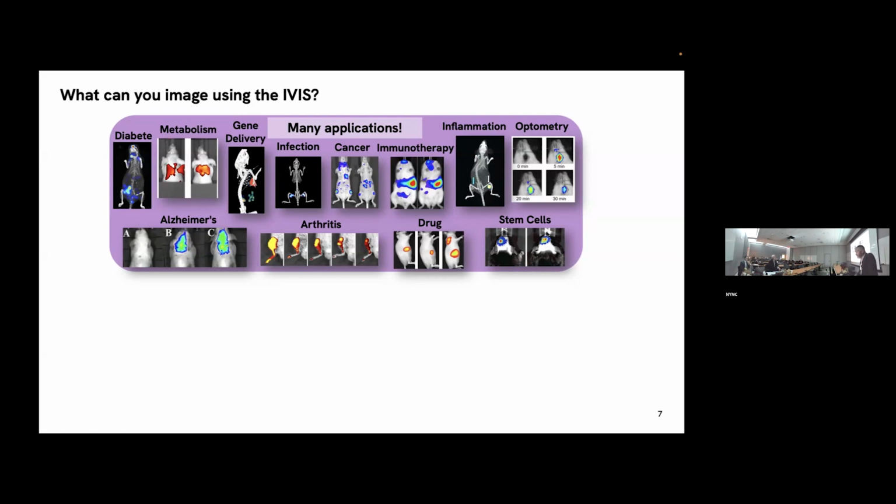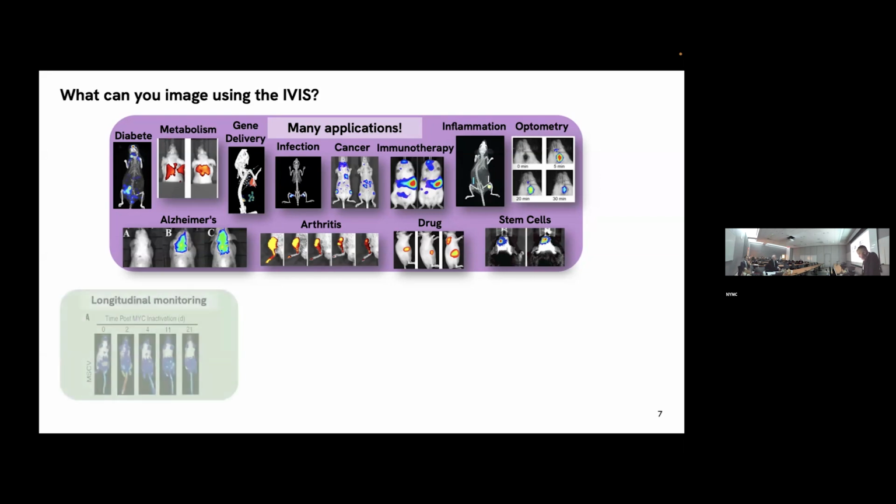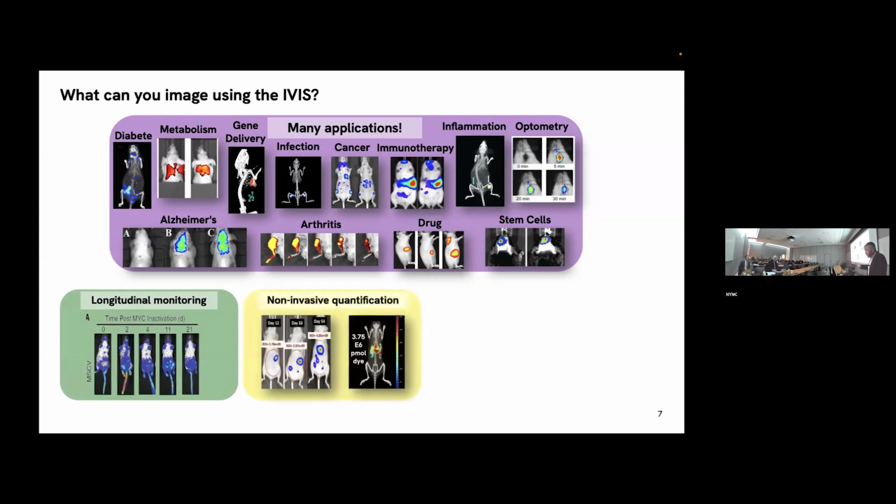Cancer, immunotherapy, inflammation, Alzheimer's. I mentioned arthritis earlier. Drug distribution, drug bioavailability, and stem cells can be done. The last one is the longitudinal monitoring that you can do with an injection of a drug, and then you see how it does later on.